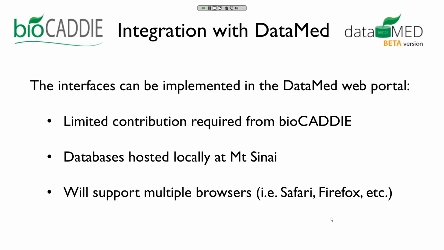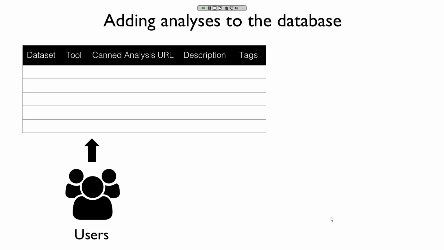In terms of future directions, one of our next interests would be to start populating the database with canned analyses which are submitted by users. We currently have a template of an Excel table which would allow users to submit analyses to our database.